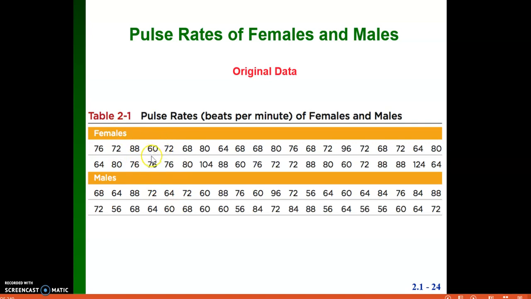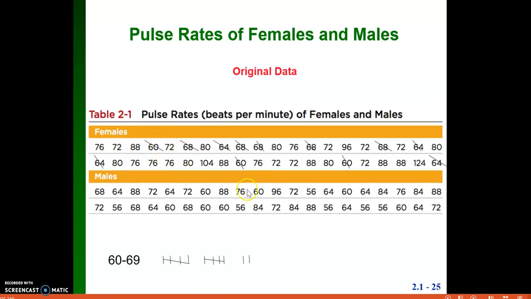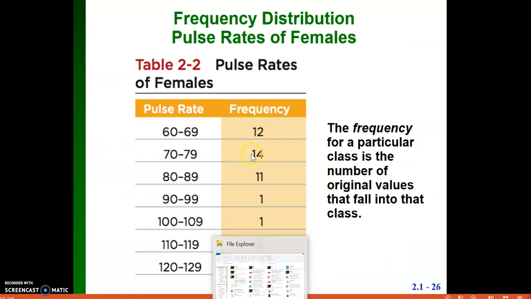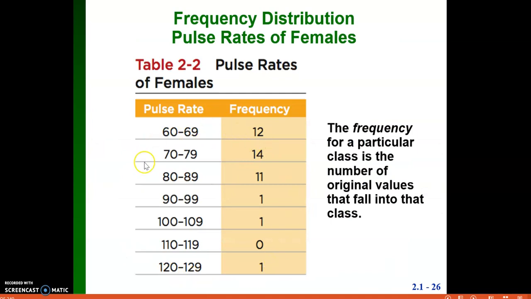So here I'm going to choose 60 as my first value. My first class goes from 60 to 69. Then figure out how many values are between 60 and 69. I found there are 12 of them. Using that, I have created my frequency table like this one. The same way, if there's a different data set, you can create that.